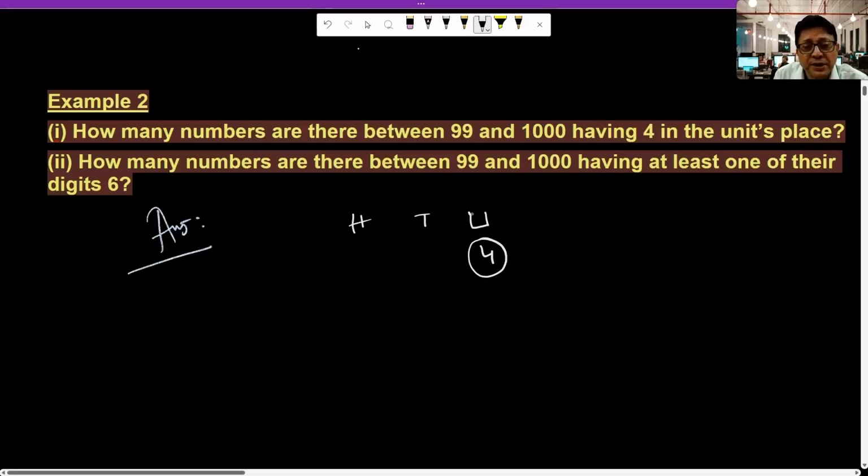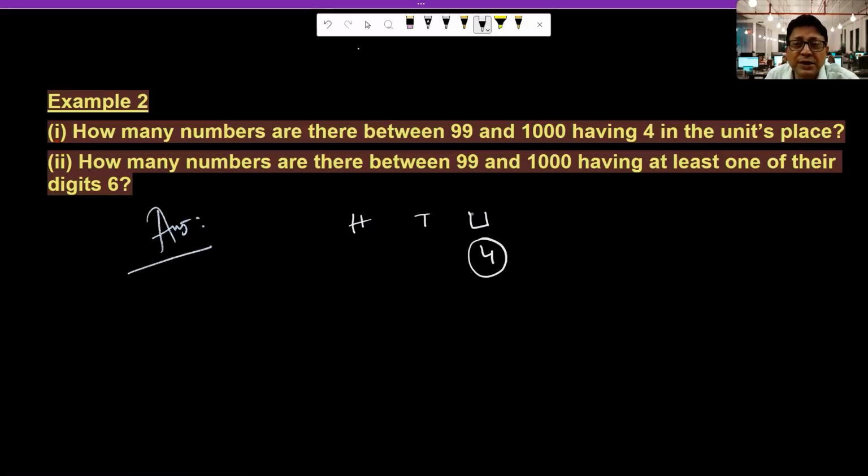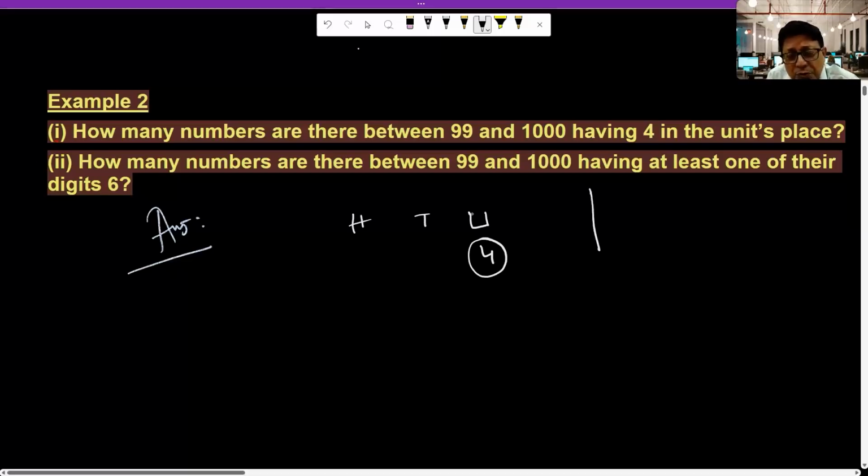Okay? A 3-digit number, 4 is occurring in the units place. Whenever you form a number, you have to do it with these digits only: 0, 1, 2, 3, 4, 5, 6, 7, 8 and 9 only. With these only, no other option.